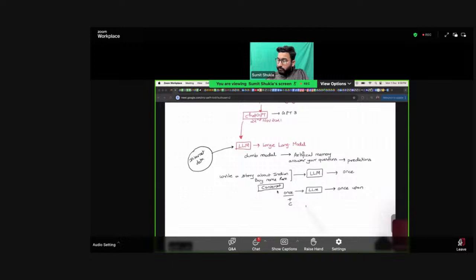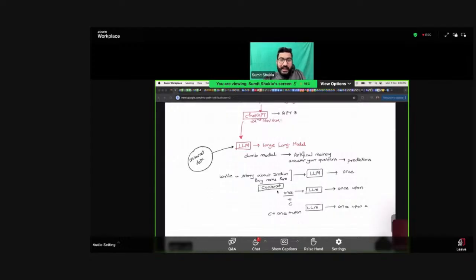Then I will again provide this LLM with the context, the first word, the second word, and it will generate the third word: once, then upon, then a. This is how it will keep on generating until it has generated a semantic sentence, a sentence which actually makes some sense.